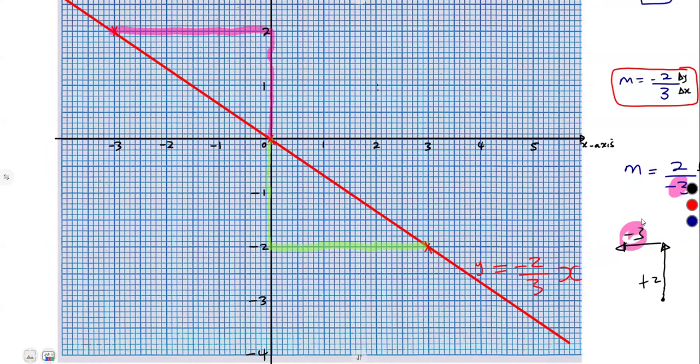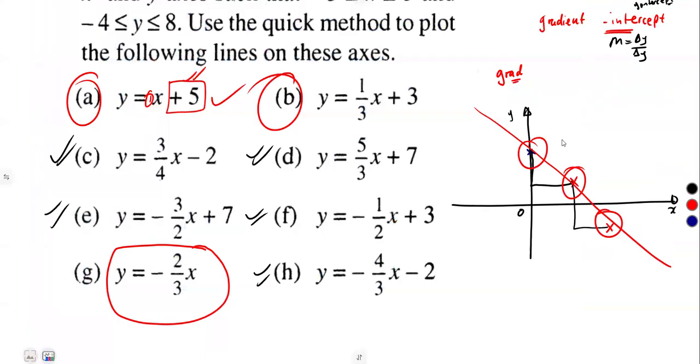Just like that. So that is how you play around with these straight lines. It's another way of drawing straight lines. Not to say the table of values is not important. No, each and every method is important. Somehow you find out that this one is easier.